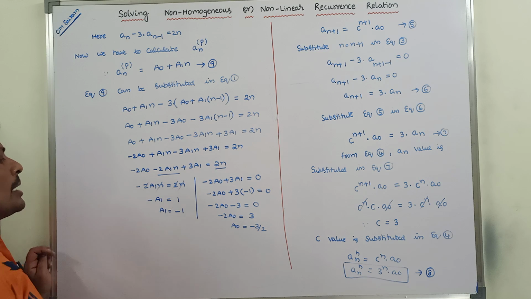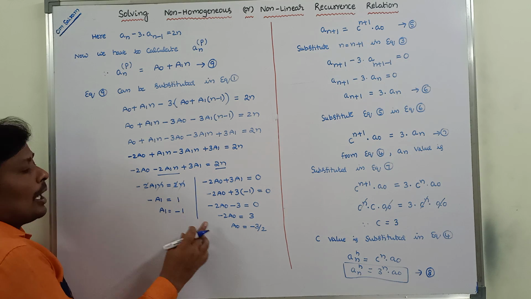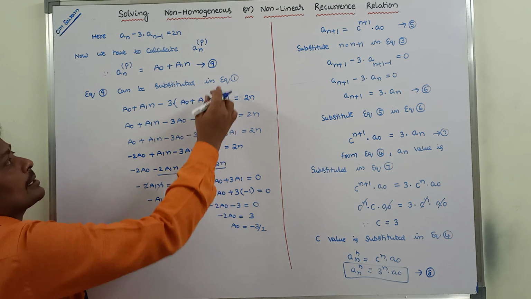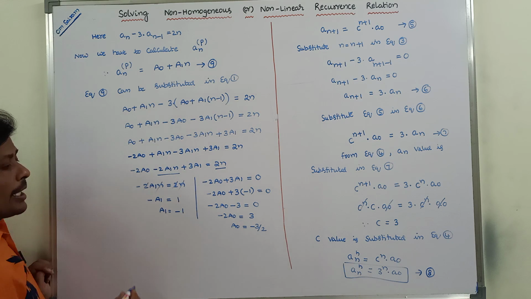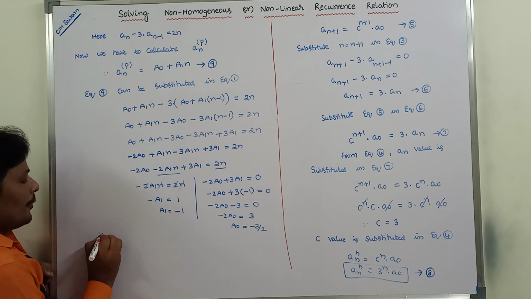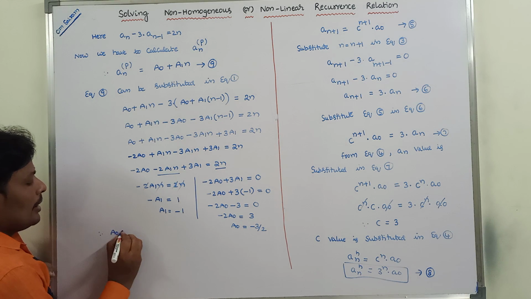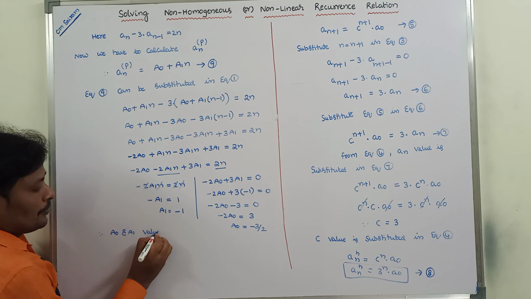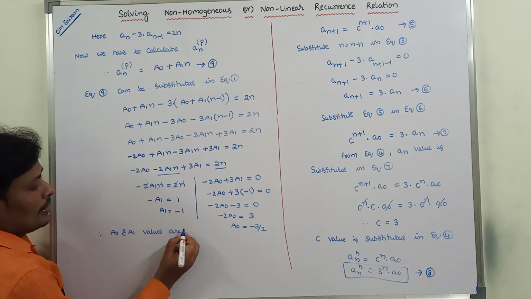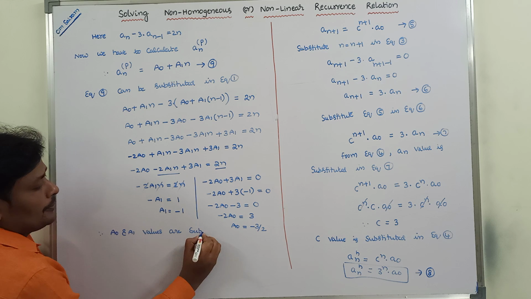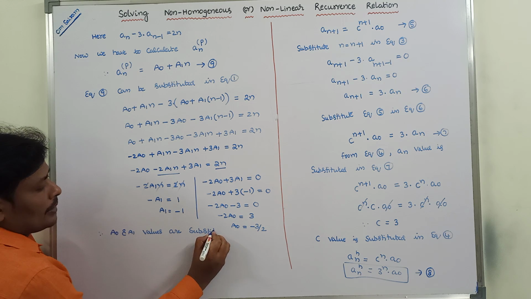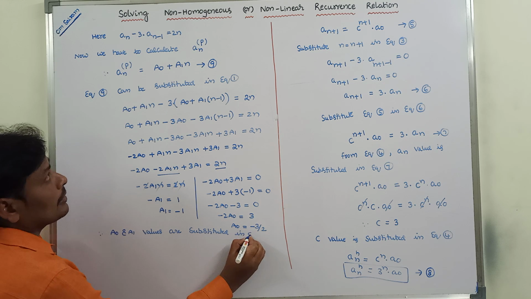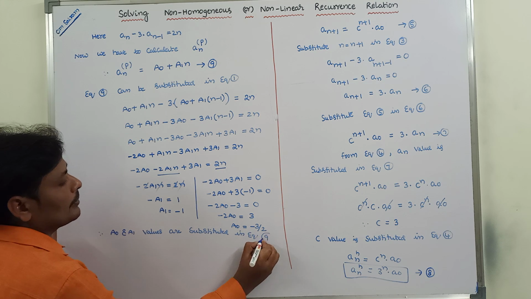Okay. Now once we have the a1 value and a naught value, these are substituted in equation 9. So a naught and a1 values are substituted in equation 9.